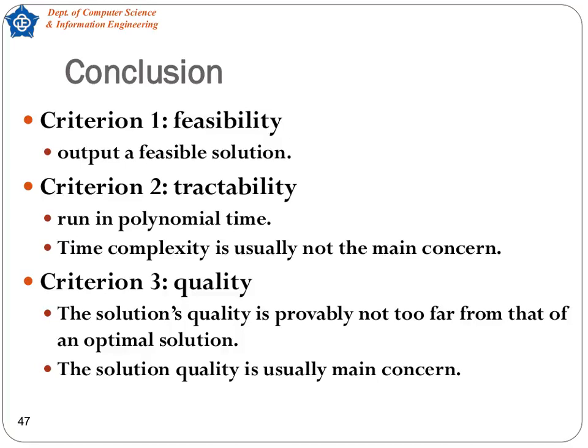It should run in polynomial time, so we can scale to larger inputs without hitting an exponential time wall. Third, quality. Its performance must be provably close to optimal, which is usually our top concern when designing or choosing an algorithm. By satisfying all three, feasibility, tractability, and quality, we achieve both practical utility and strong theoretical guarantees.